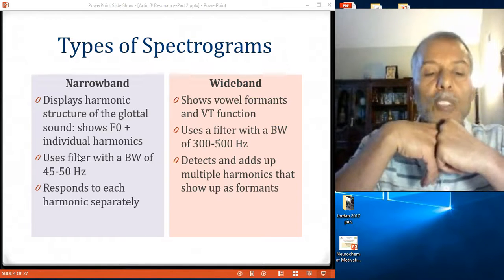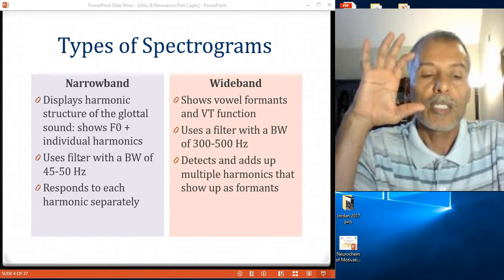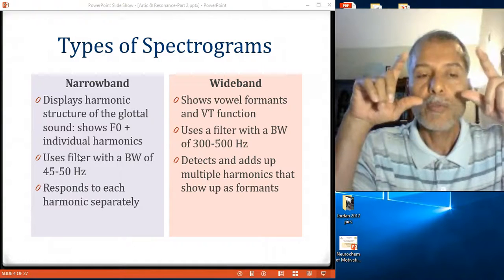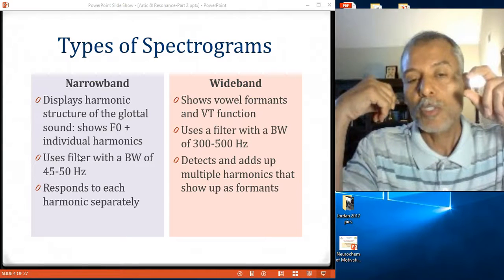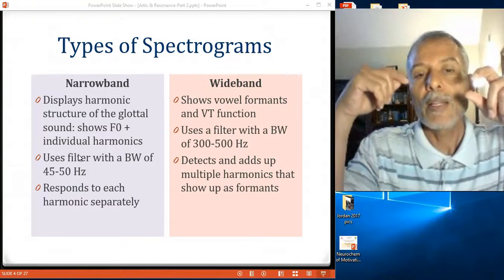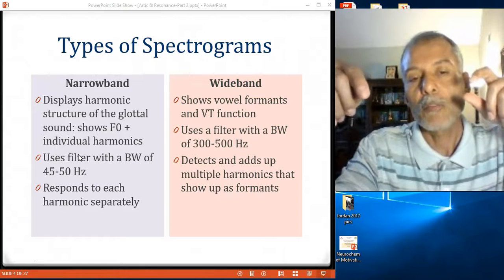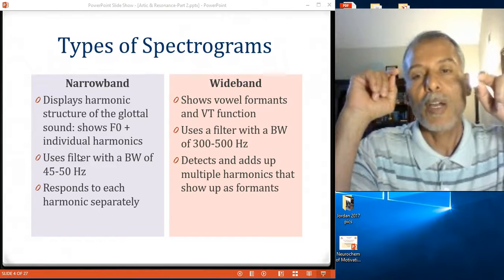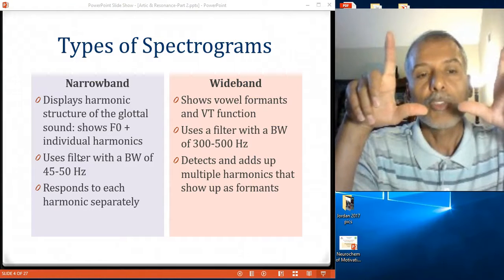So if, for example, the resonant frequency of a given vocal tract is 500 hertz, then you take the bandwidth, which is 50, and you divide it, put 25 before the 500, that will be 475, and then 25 after or above the 500, that will be 525, and then you say any sound that is between 475 hertz and 525 will be amplified, and that range is your bandwidth.